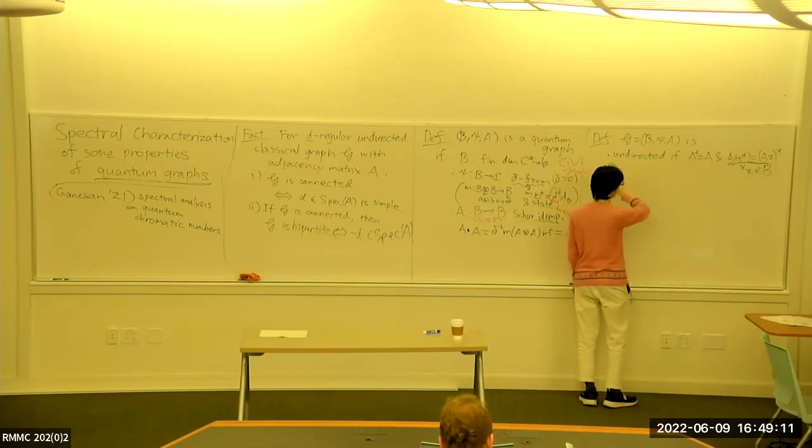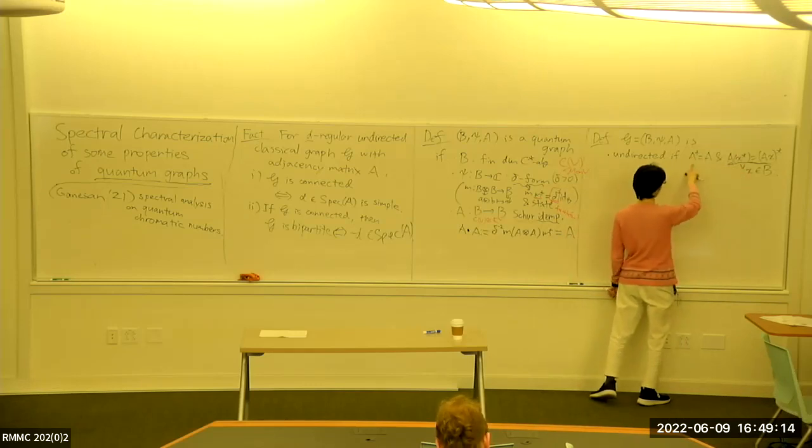But in the quantum graph case, we need to assume this in addition to the self-adjoint condition.